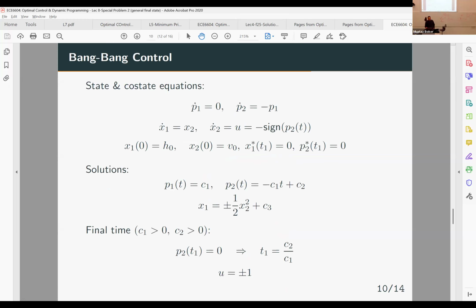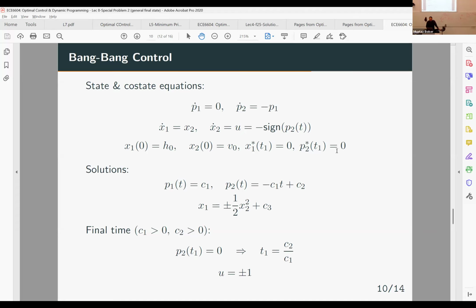If you combine everything, we did this before: P1 dot is equal to 0, P2 dot is equal to minus P1, X1 dot is equal to X2, X2 dot is equal to U, which is equal to minus sign of P2. That's the closed loop system. The boundary conditions are H naught, U, V naught, and 0 and 0.